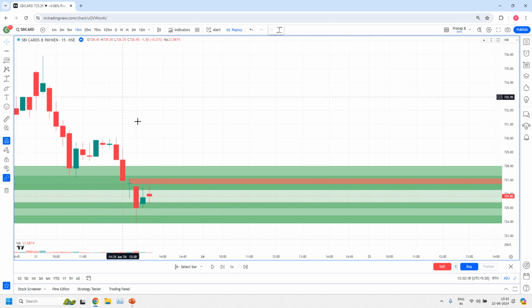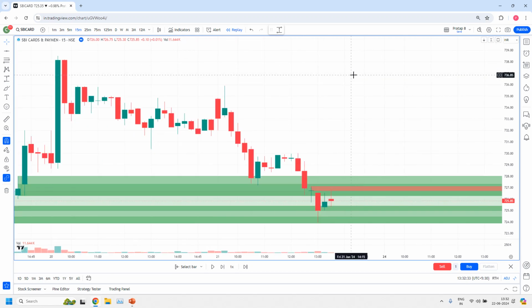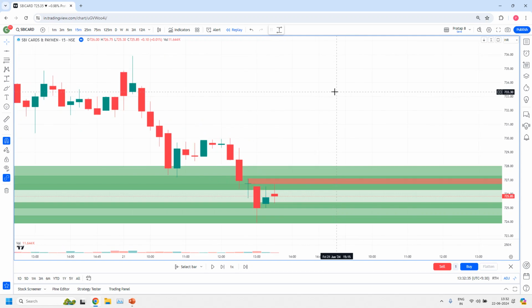Sorry, we are in 15 minutes time frame, 1 o'clock 15 minutes candle. Within half an hour, 30 minutes, the trade is completed. In the 1:30 5 minutes candle, it reached the target. Within 30 minutes.